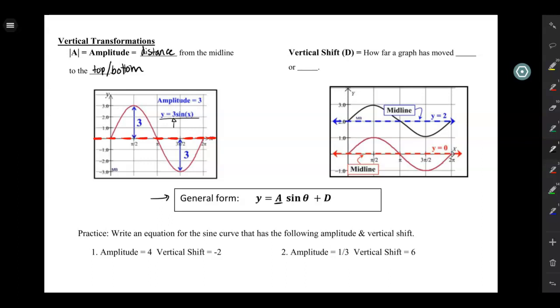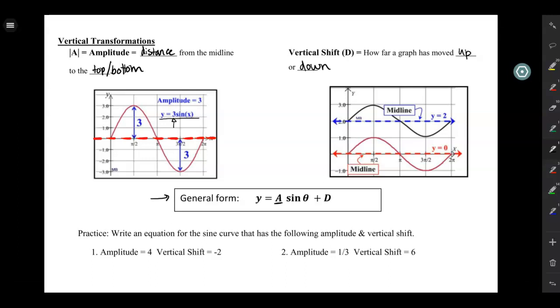The other thing we can do is shift the graph up and down vertically. So vertical shift would say how far the graph has moved up or down. If you look at this graph in this picture down here, you have the red graph, which is the original sine function, and then it shifted up 2. And you can see that all these points have just shifted up 2 spots. One thing that you'll see here is a new vocabulary word, which is the midline.